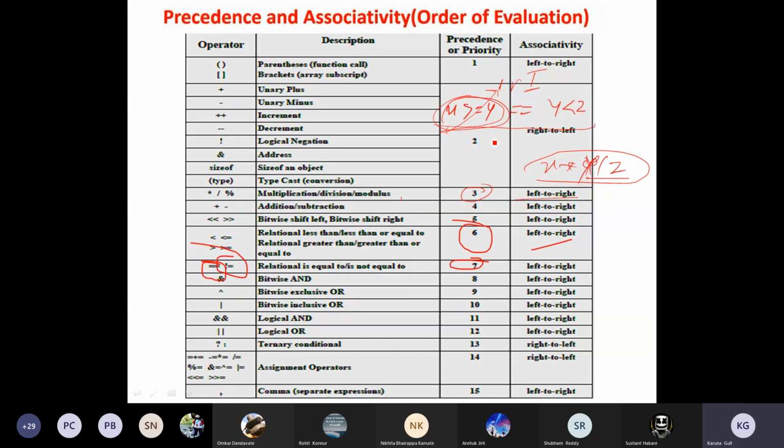Next, which is operated next? Equal to, or less than or equal to? Give only one answer.